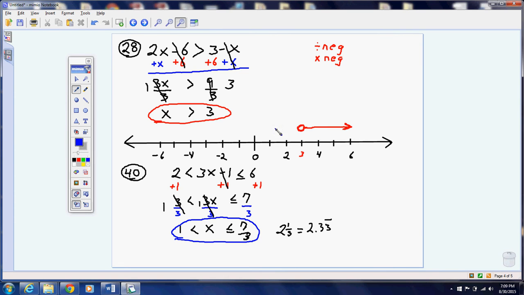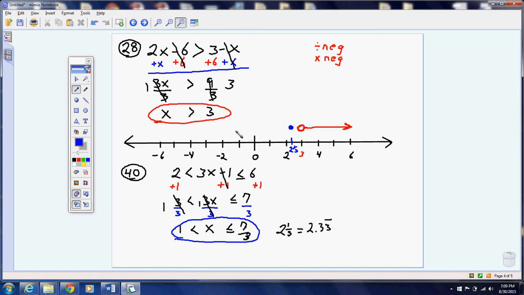Let's find 2 1/3. We go 1/3 of the way from 2 to 3, so right about there is 2 1/3. It can be 2 1/3, so we have to have a filled-in dot there.